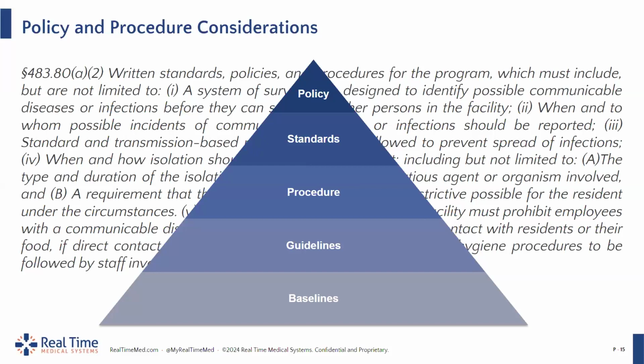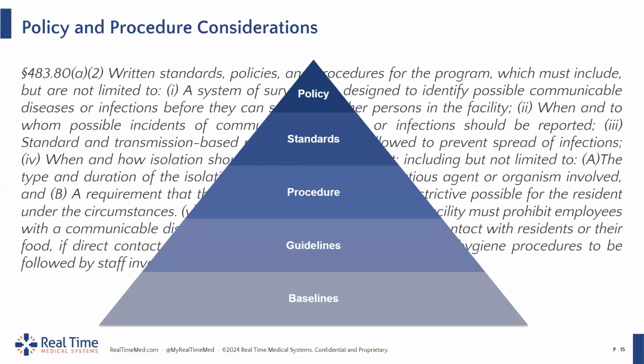The other thing that I want to point out here is that part of our requirements, and this came out with the phase 3 requirements, your infection prevention and control policies and procedures need to be in a separate binder of their own. Have one on each unit, and then also have one in each department.